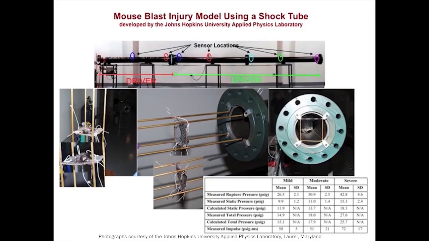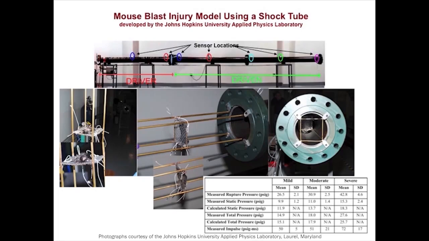Before each test, a diaphragm was inserted between the two sections, creating a closed volume driver section that would allow pressurization. The driver section, which initially contained ambient air, was pressurized with helium gas until the pressure differential between the driver and driven sections exceeded the material failure threshold of the diaphragm, thus initiating rupture.